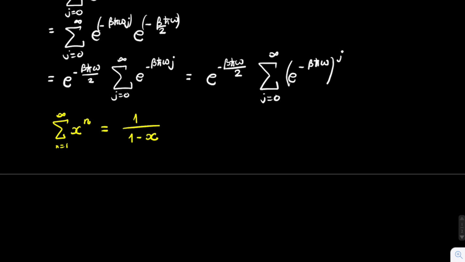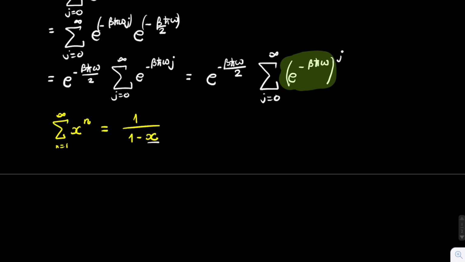Well, we can identify that this x term right here is just the term in brackets right here. So you can see why I've put this in brackets, because j is the dummy summation term, and this x is just whatever's in the brackets. So we can simply match it up with this right here.